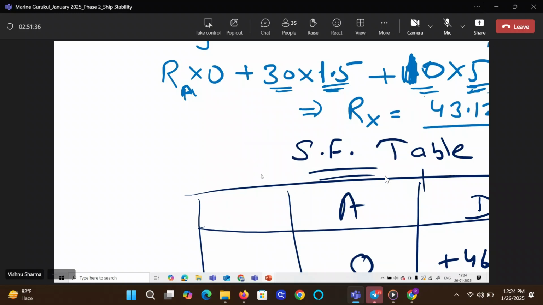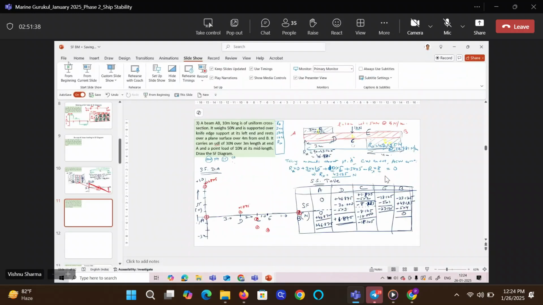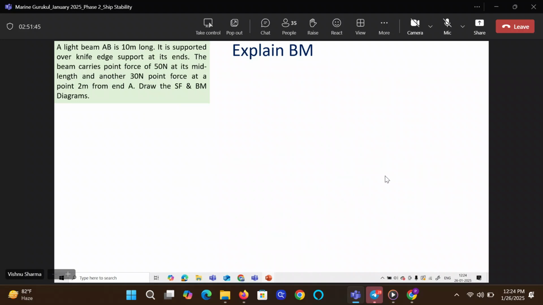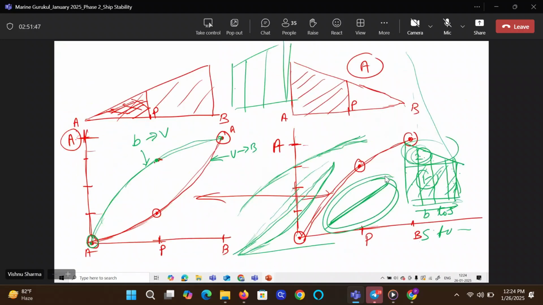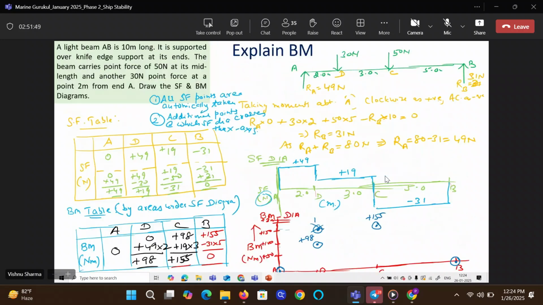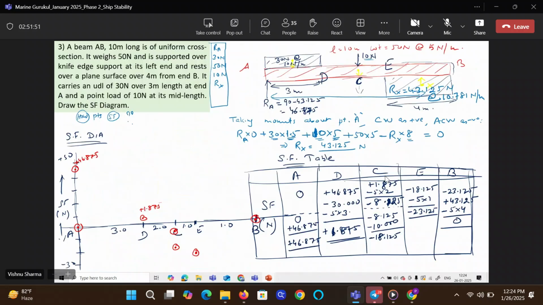What am I trying to say? Your SF diagram will draw its shape from the beam diagram. So wherever you have to join points, you'll have a look at the beam diagram.